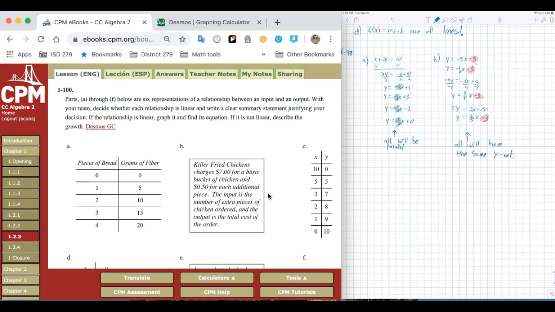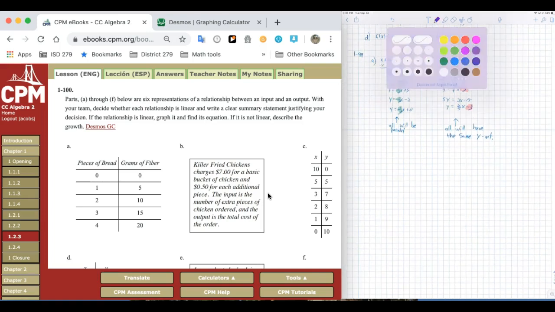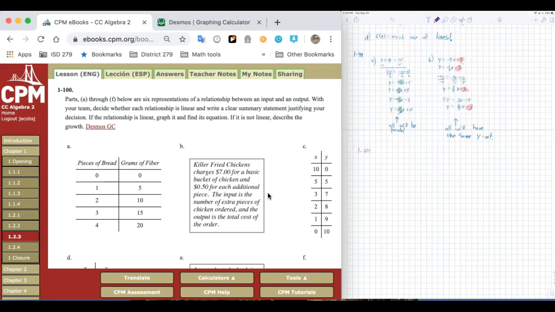All right. Well, as you are looking at 100, what I want you to know about that question is that linear functions all have a constant rate of change, which means they have a steady slope.